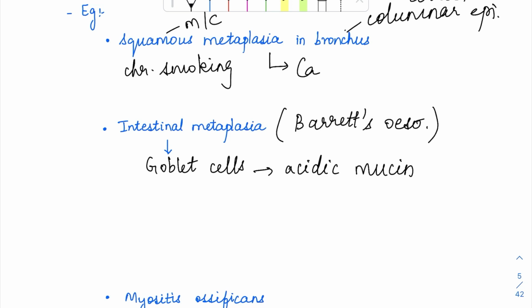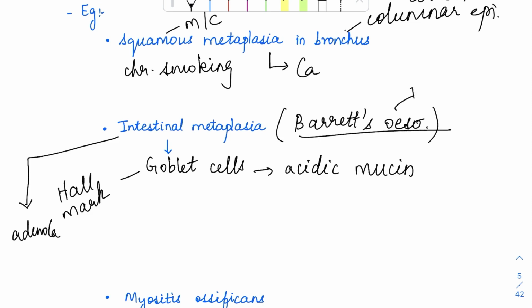Intestinal metaplasia, with the presence of these goblet cells, which are the hallmark of intestinal metaplasia or Barrett's esophagus, can actually convert into adenocarcinoma. So, Barrett's esophagus is again a pre-neoplastic condition.